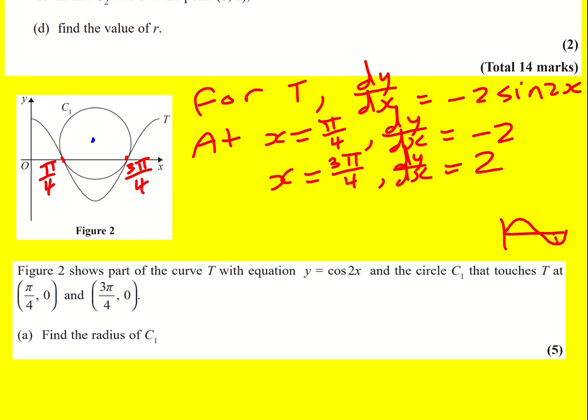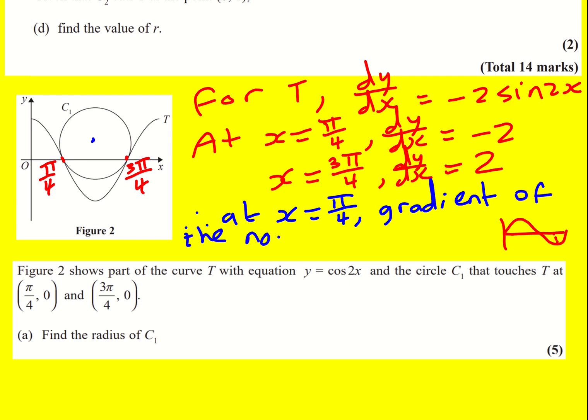Therefore, if I look at x equals pi over 4 again, the gradient of the normal will equal the negative reciprocal, so it will be a half.